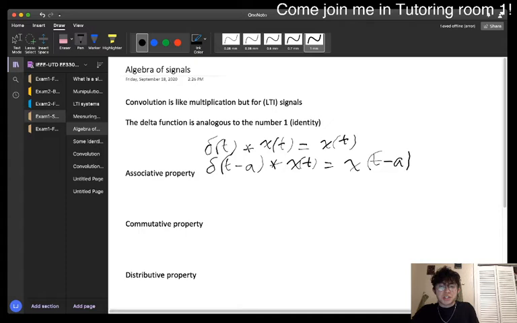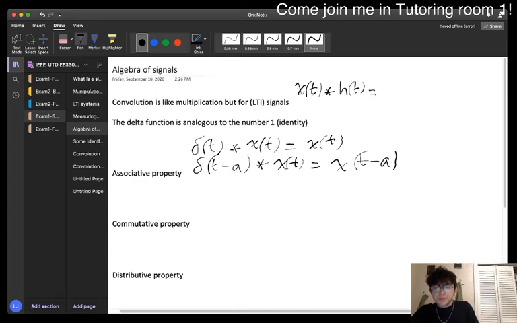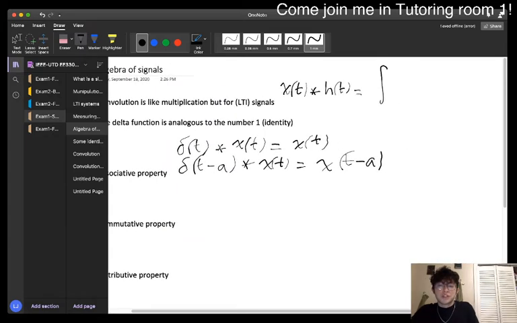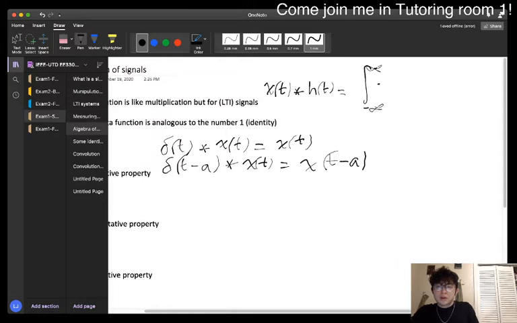So I mentioned that it kind of sucks to compute. What I mean by that is, if we have two signals x of t and h of t, then this is going to be the integral from negative infinity to infinity of x of tau times h of t minus tau d tau.